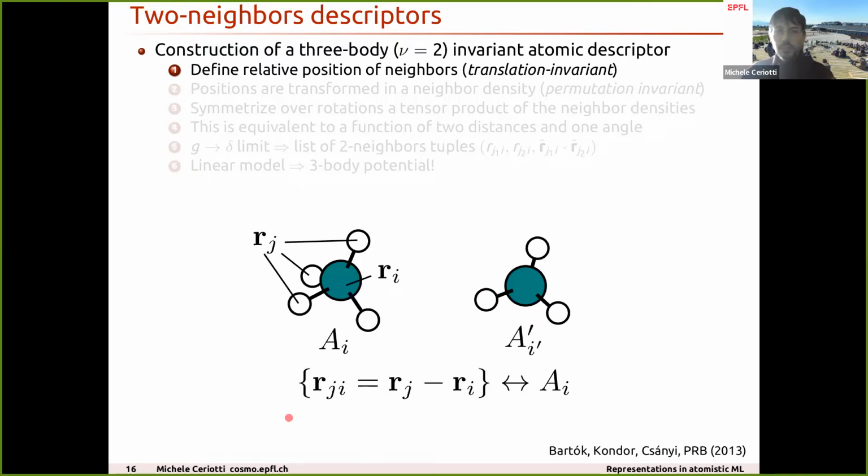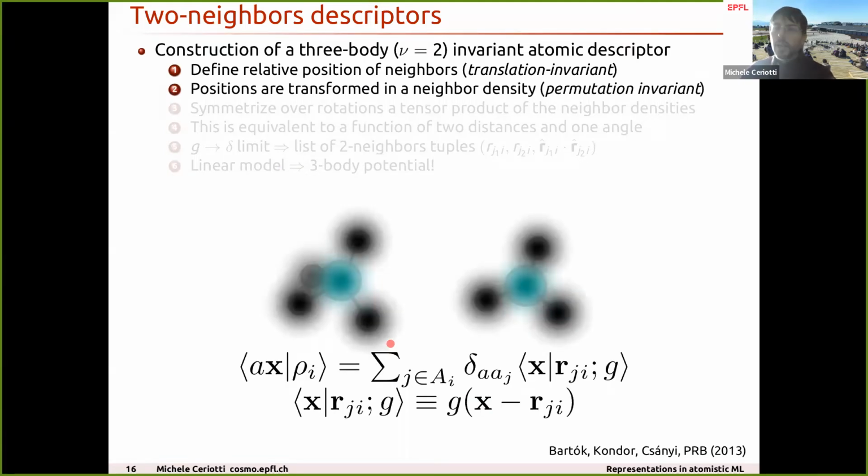So the starting point is the set of interatomic distance vectors. And the objective is to describe not so much the entire structure, but an atom-centered environment. So I sit on an atom and I want to describe the relative position of my neighbors.